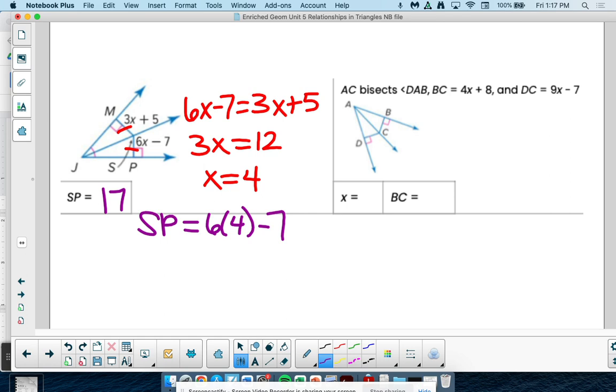You guys get a head start on the next one. Label your picture.